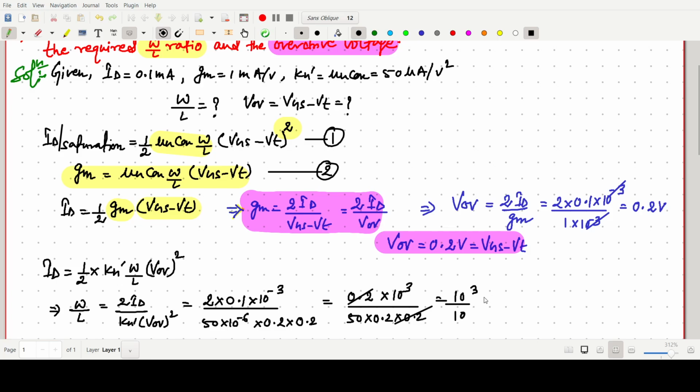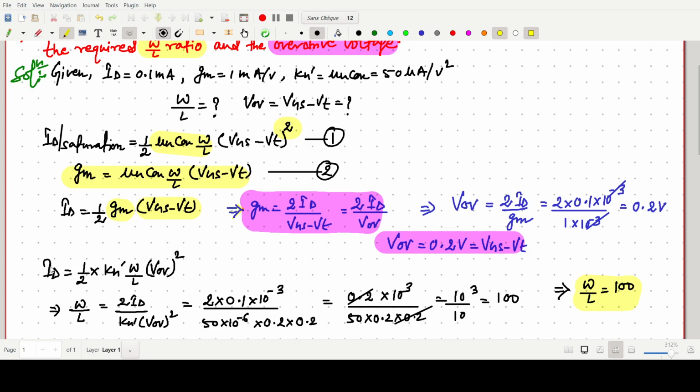If we cancel out, it will be 100. So the value of W by L will be simply 100. This is the answer.